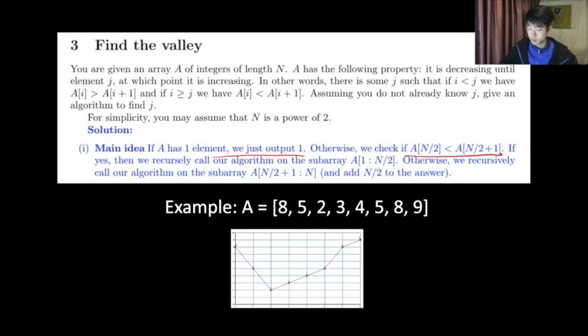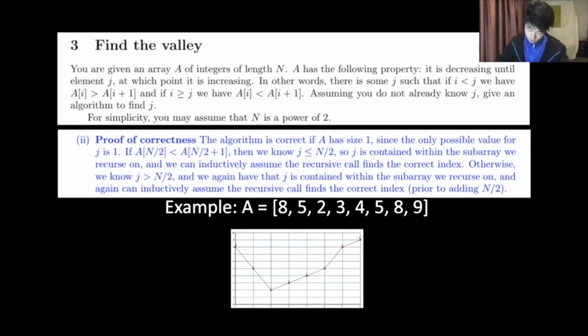If the middle is smaller than the thing on the right, that means the right half cannot contain the value, and therefore we should recurse on the left half. Otherwise, the right side has to contain the value, and therefore we should recurse on the right side and add n over 2 because we want to find the actual index.